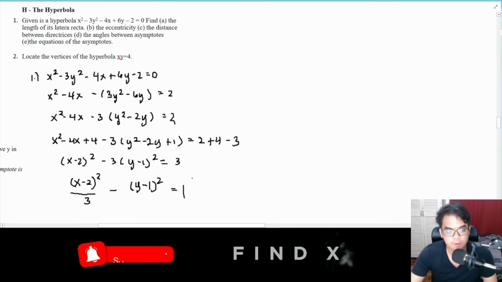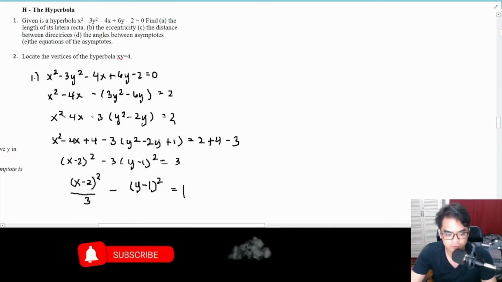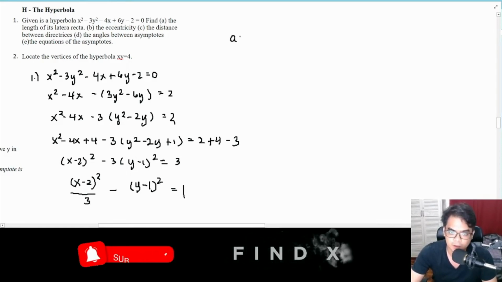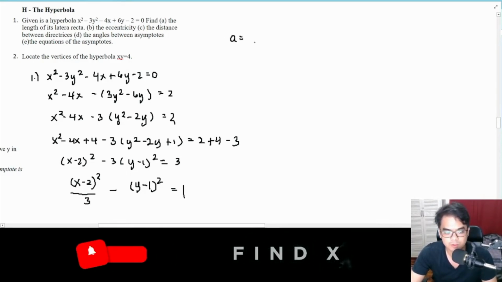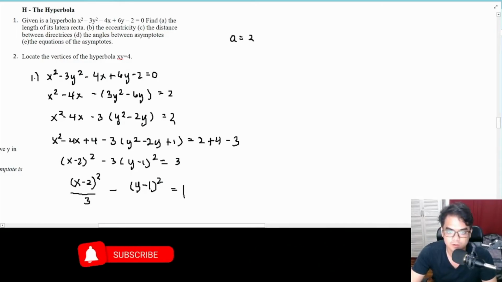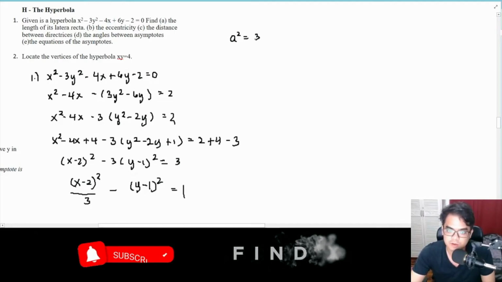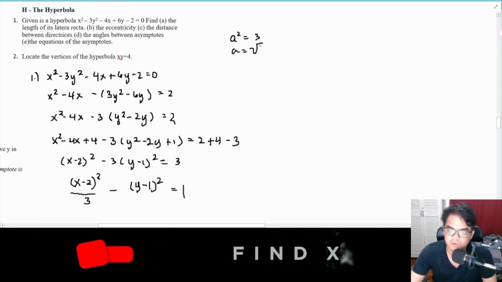Okay, so we can now compute for the latera recta. With that, a squared will be 3, therefore a is equal to square root of 3.